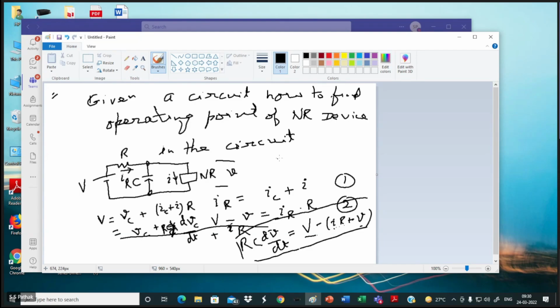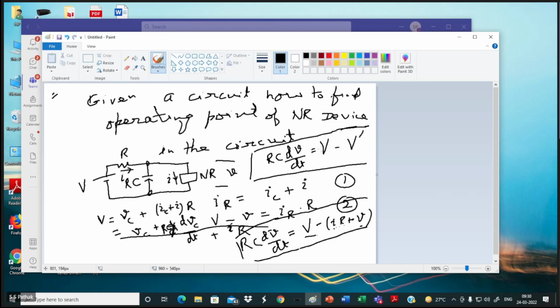Okay, I think I got it. I'm just writing it here. I've used this new screen again, but here I'm putting this as a summary. I have got RC dV by dt equal to V minus some voltage V dash.